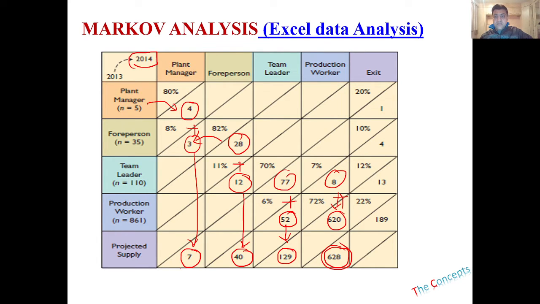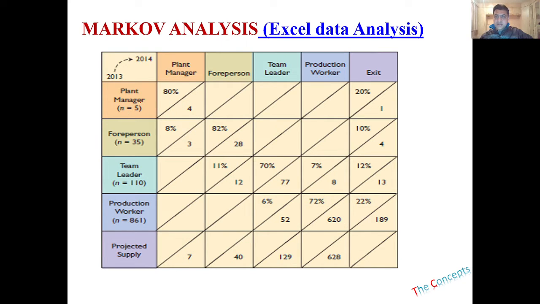Now you have to look at the demand, and let's suppose that we have the same demand, which is not changing. So let's compare it. We need 5 plant managers, but we will have 7, which means there is going to be a surplus of 2 people.